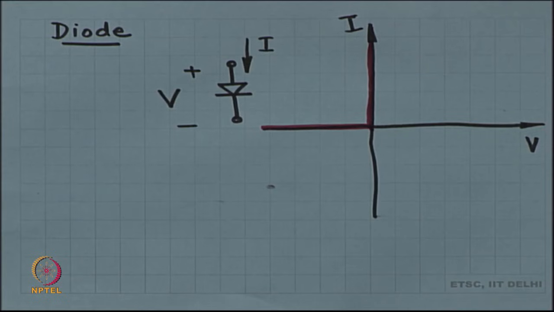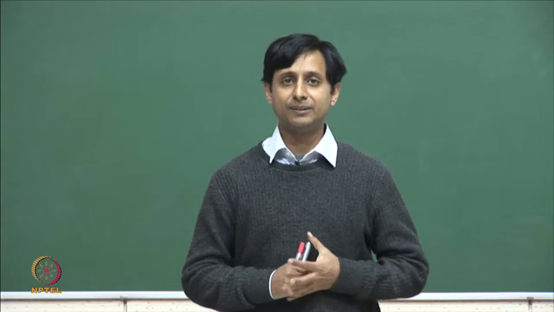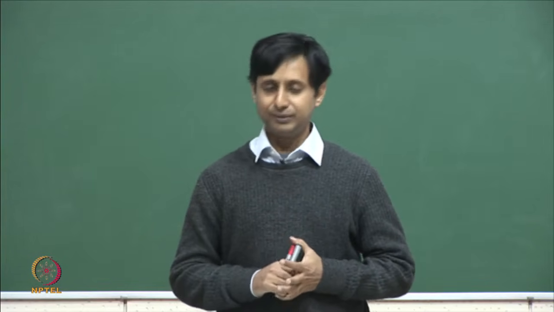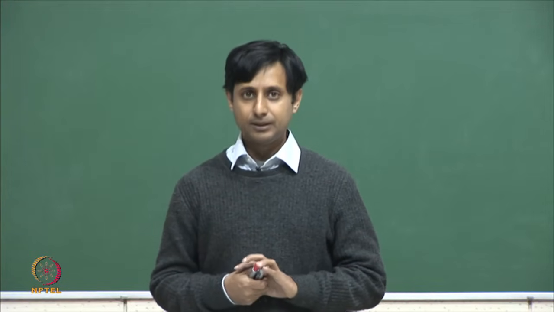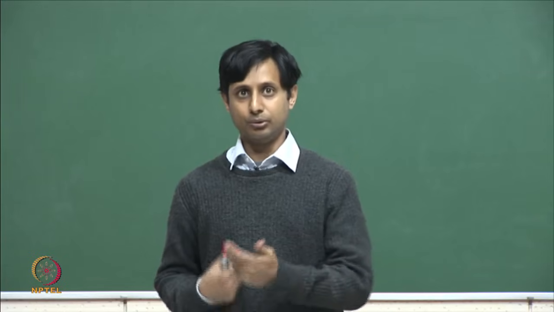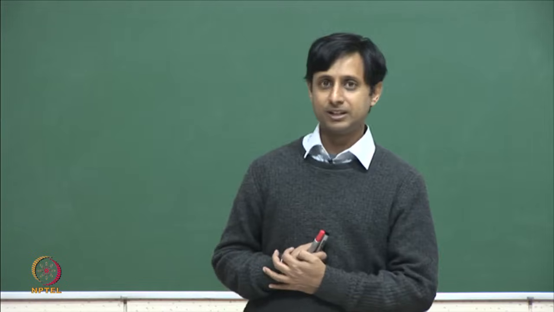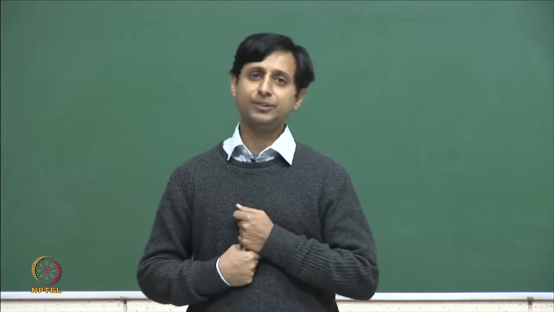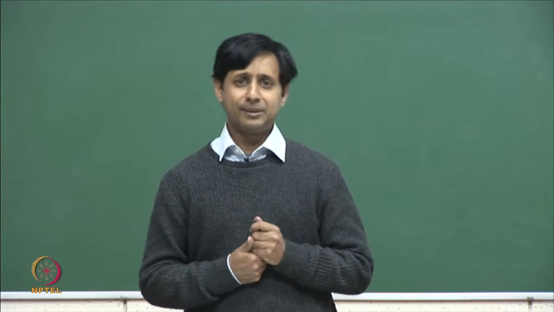That is, when V is negative, I want 0 current, and when V is positive, I want infinite current. That is, positive V cannot exist because the current through that becomes infinite. So, current can go only in one direction, and when the current goes in the forward direction, then the voltage across the diode is 0. This is the one diode that I would like to purchase from the market.